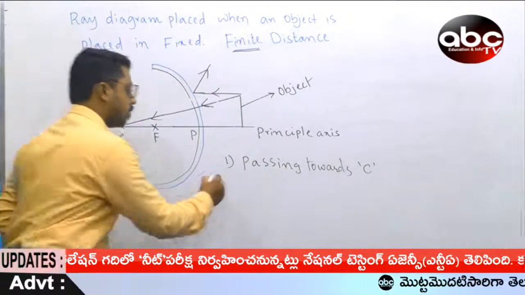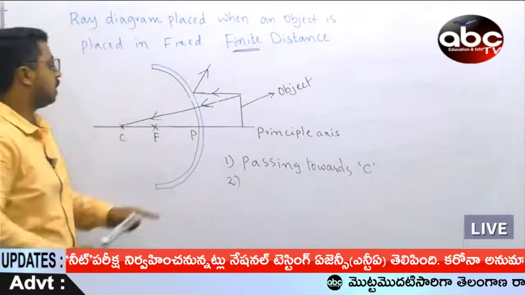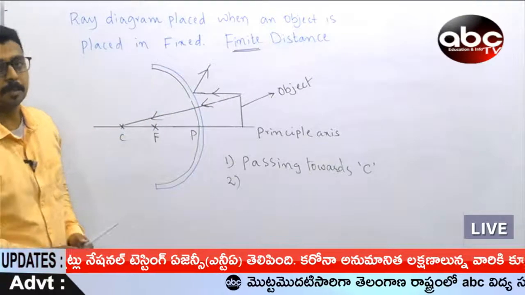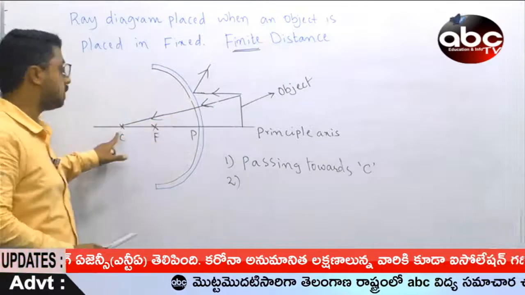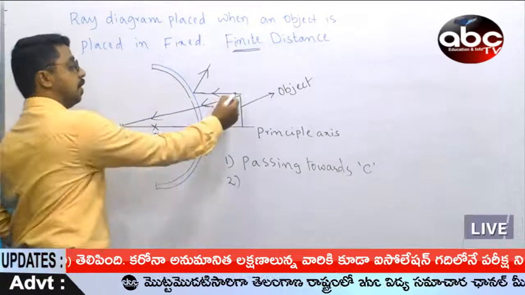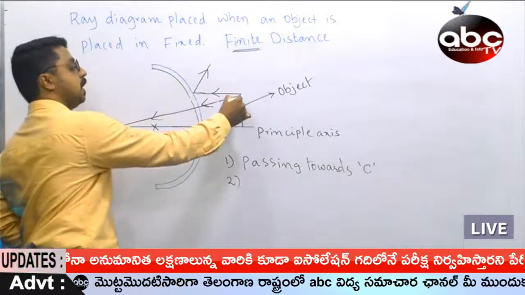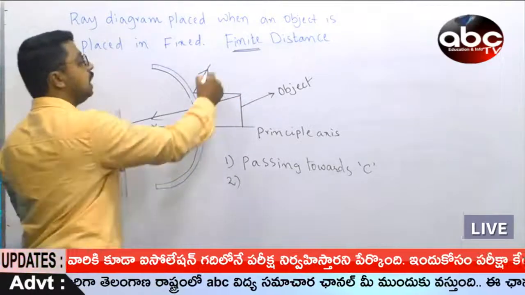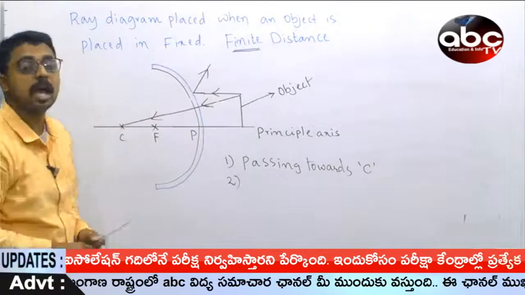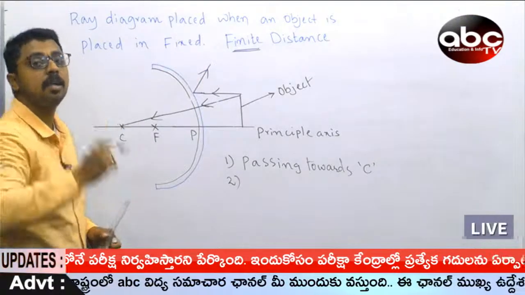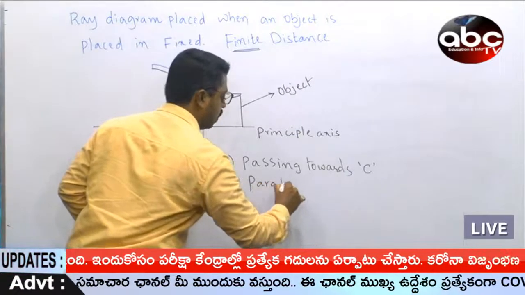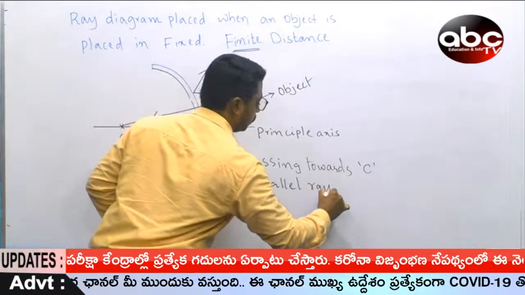So I have taken two rays here. The first ray is passing towards the center of curvature, and the second ray is the one passing parallel to the principal axis, leading to divergence away from the convex mirror, that is the parallel ray.